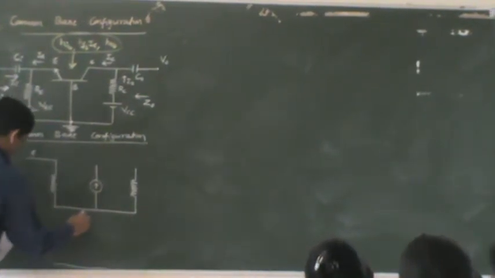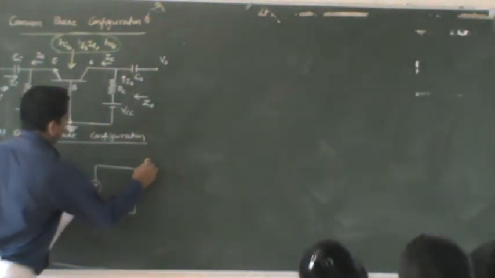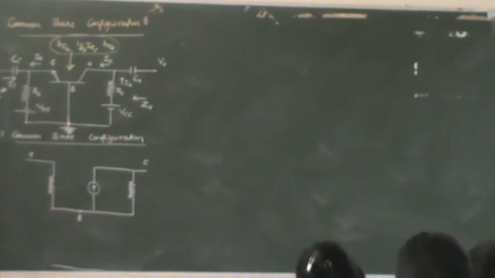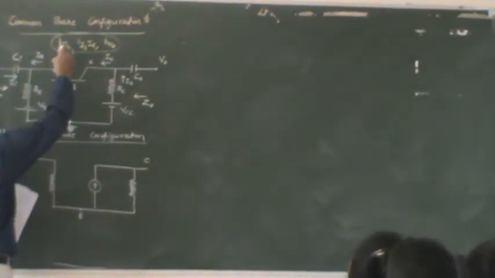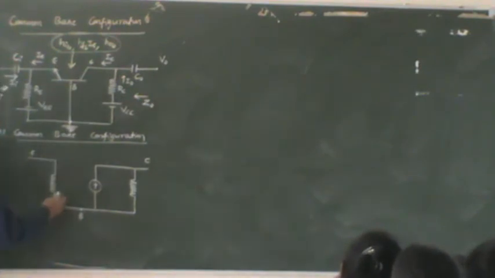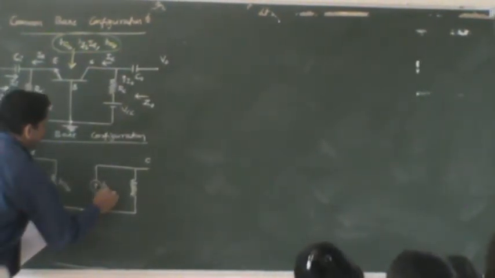You can see here I've identified the three terminals: emitter, base, and collector. As I told you, the transistor is replaced with HIB between emitter and base, and between base and collector the current source HFB times IE.